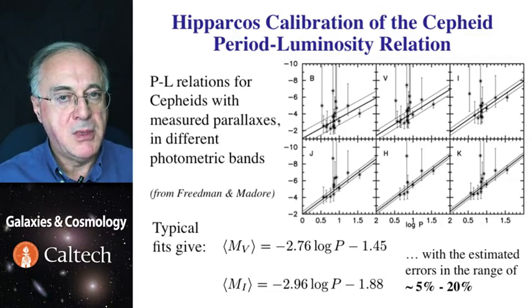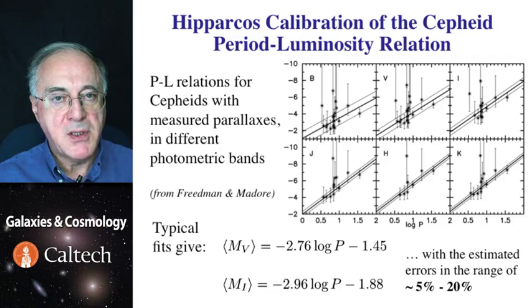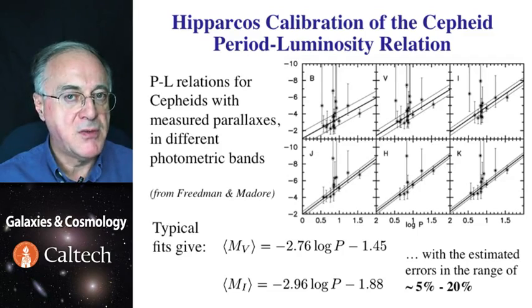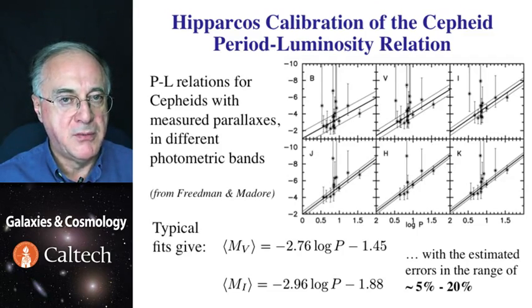As you can see, they're fairly noisy. But in any case, for the first time, they gave us an absolute calibration of the period-luminosity relations for Cepheids. This is going to get a lot better with the Gaia satellite, which is an astrometry mission, which will measure a much larger number of pulsating stars with a much greater precision.